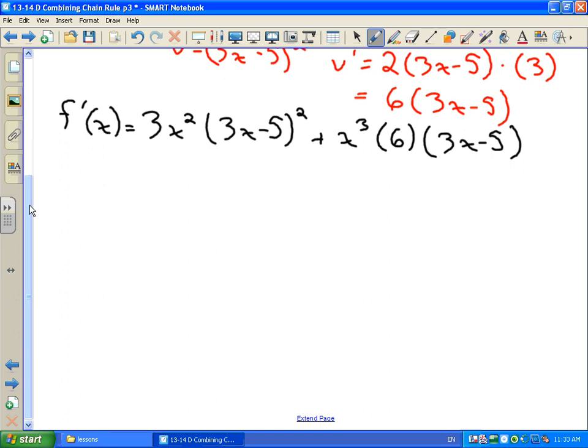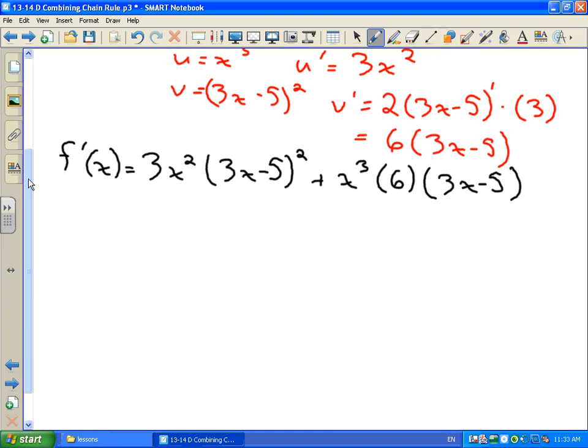Now, we want to factor this expression here. So we've got two terms, split by this plus sign here in the middle, and we want to look at what we can factor out of them. So what can we factor out of these two terms that we have? We can definitely factor out a 3x minus 5, yeah.